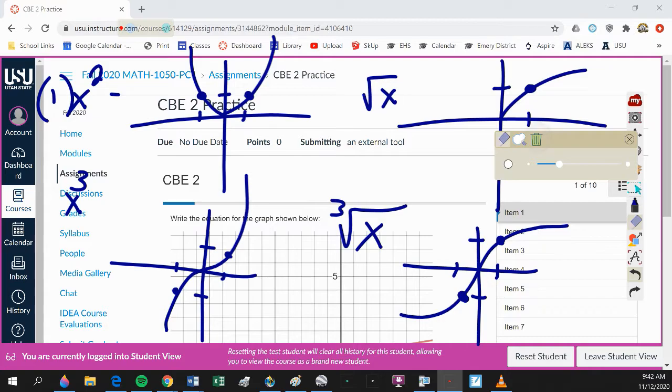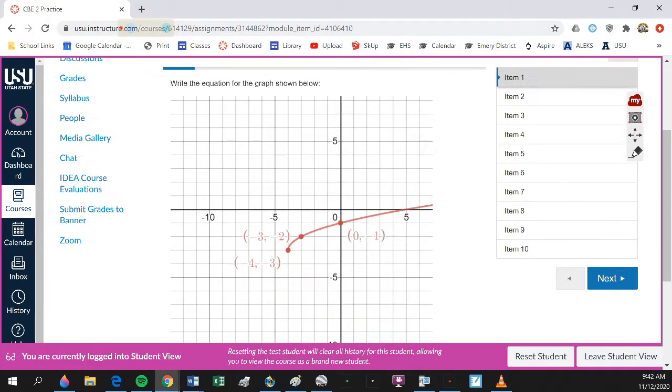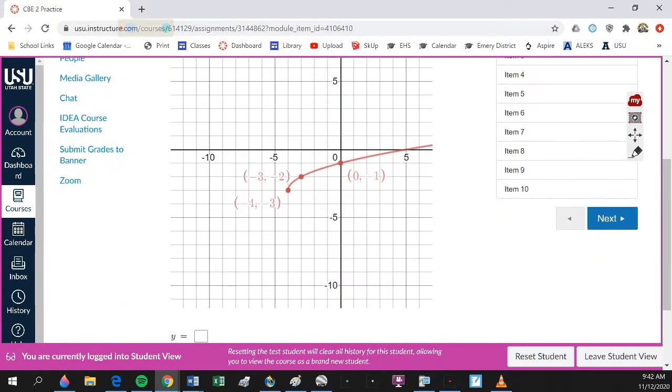Okay, so problem number 1 says, what's the equation? Well, they've given us 3 points, which is kind of nice, but we don't really need them. We have the over 1, up 1 pattern, which means the number in front of the square root is going to be a 1. And we have shifted left 4 and down 3.